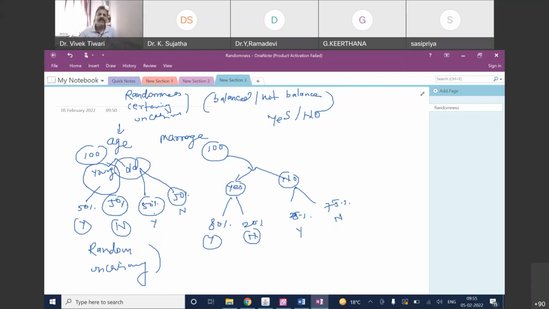Either old or young, it is total random, with almost equal probability. There is no certainty.